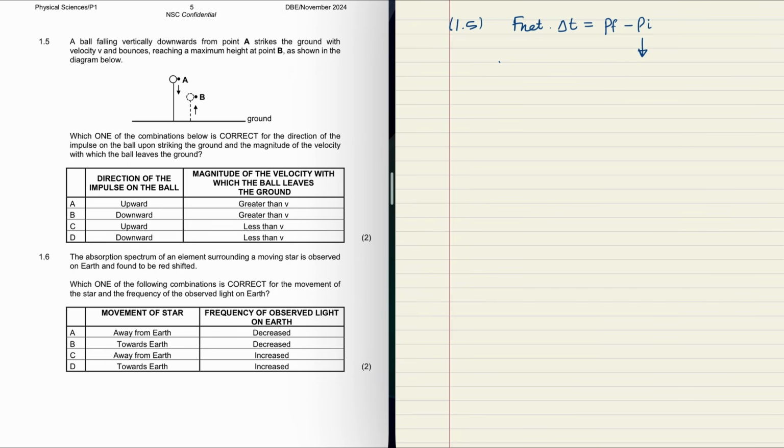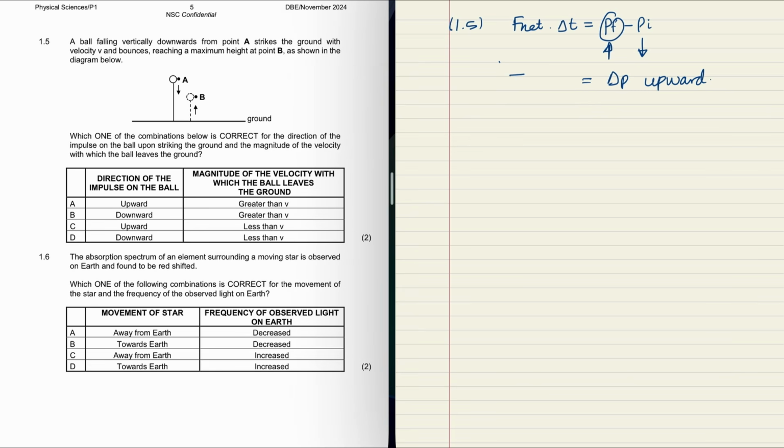So its momentum here is going to be upward, right? So that means the change in its momentum, it changed from positive to negative, or from down to up. So the change here is upward.